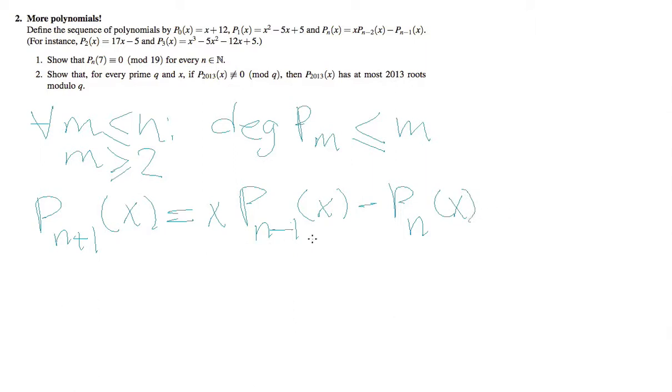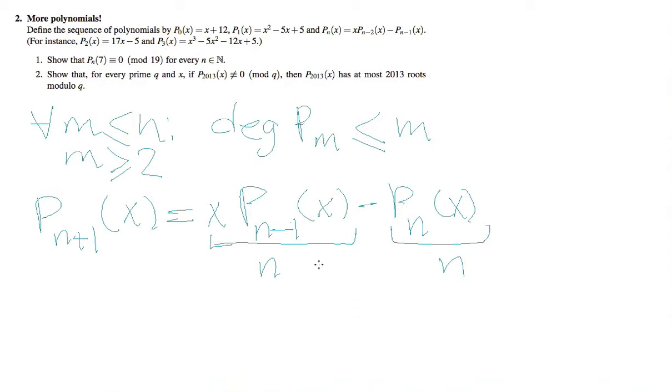Okay, what is the degree of Pn minus 1? Well, it can have a degree at most n minus 1, right? When you multiply it by x, it can have degree at most n, right? So this part has degree at most n. What about this part? This part also has degree at most n.